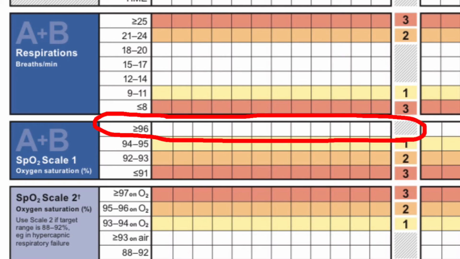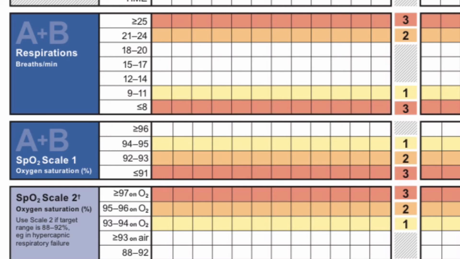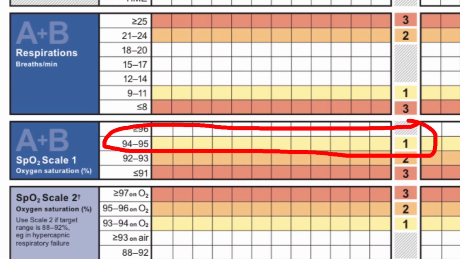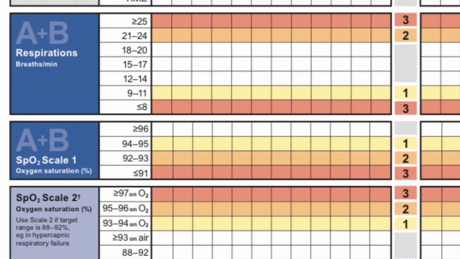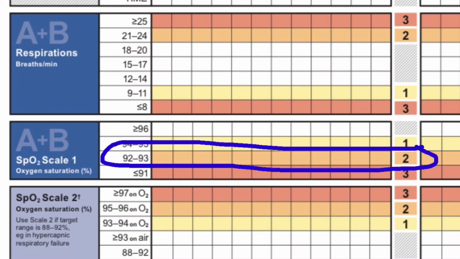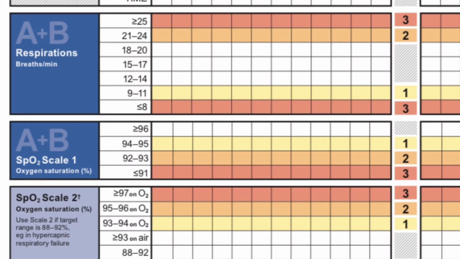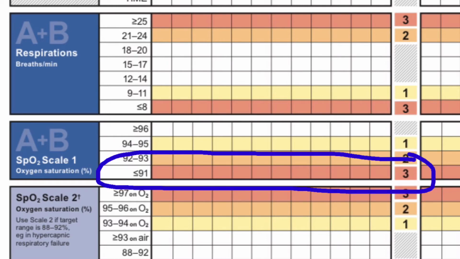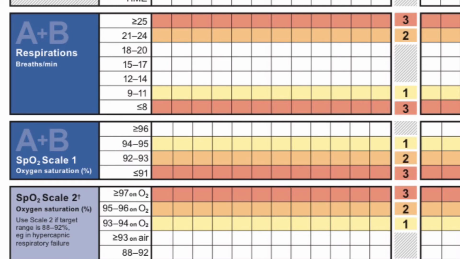If it is between 94 to 95, NEWS score of 1. 92 to 93, NEWS score of 2. 91 and below, NEWS score of 3. Okay, that is the SpO2 oxygen saturation chart.